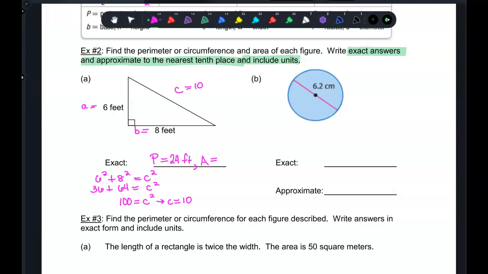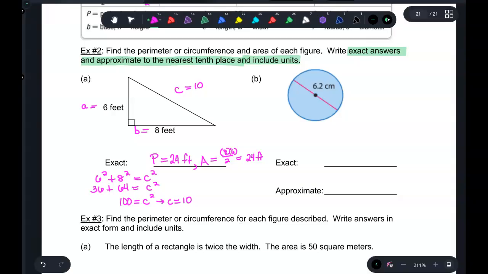So area is going to be base times height divided by 2. It's going to be 8 times 6 divided by 2. Yep, it's going to be 24. Now I put in square feet. It's just a coincidence that the perimeter and the area turned out to be the same number. That happens sometimes. They're different units. That one says exact because there was no rounding.